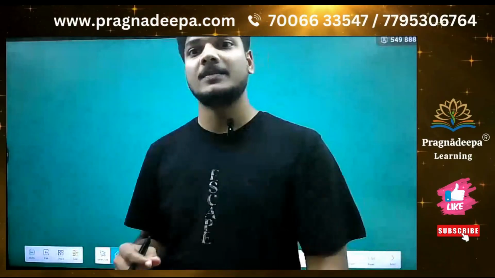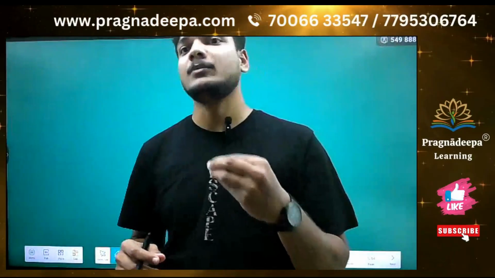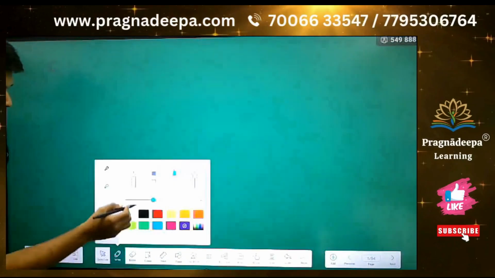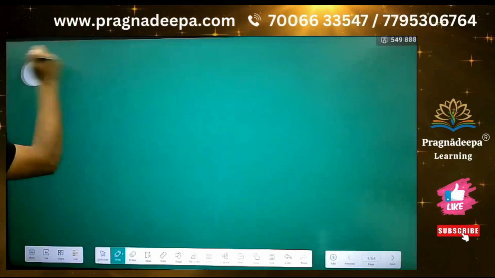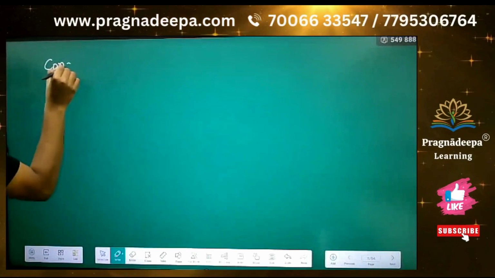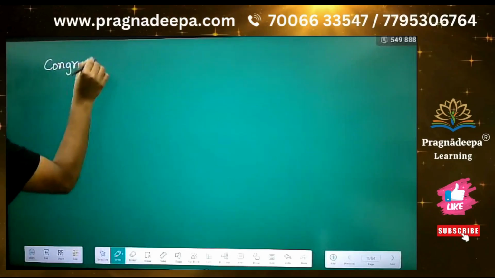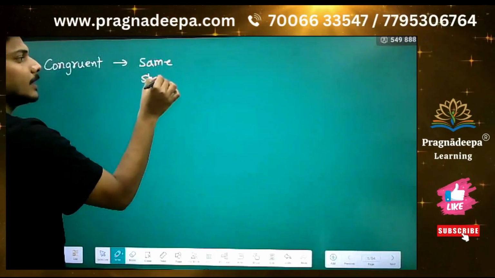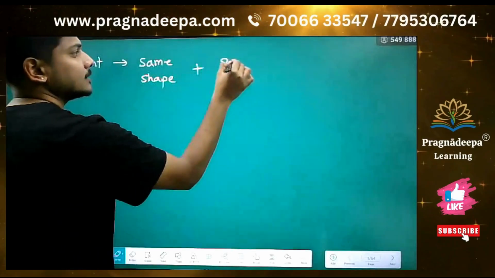figures having same size as well as same shape ಅಲ್ವಾ? Congruent figures means figures with same shape and same size, same shape as well as same size.